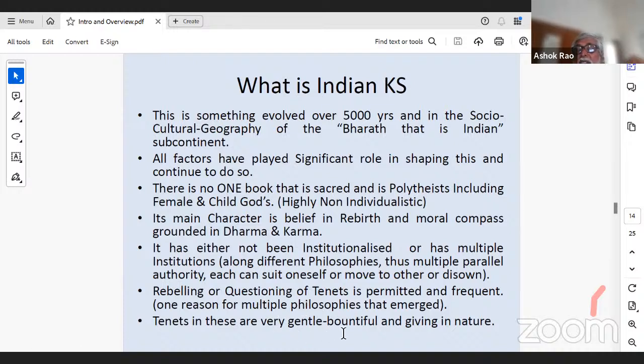Tenets in these are very gentle and bountiful and giving in nature because our subcontinent always had food and water aplenty. Atithi Devo Bhava: your guest is a god. There in the Middle East, guest is a pest, because the guest is already taking resources which are scarce for you.